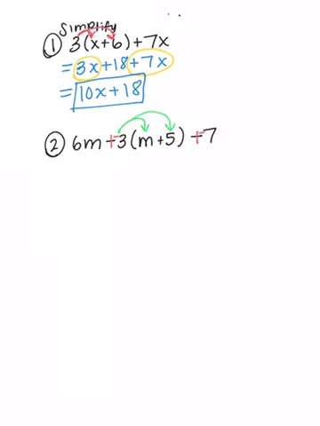So when I distribute that, the terms that were not in the parenthesis are not going to change. So this is going to stay 6m, but then I have negative 3 times m, so that's going to become a negative 3m. Negative 3 times positive 5 is going to become negative 15.